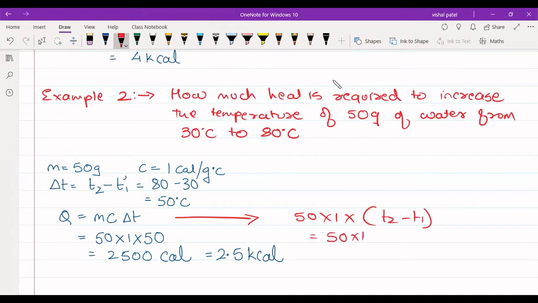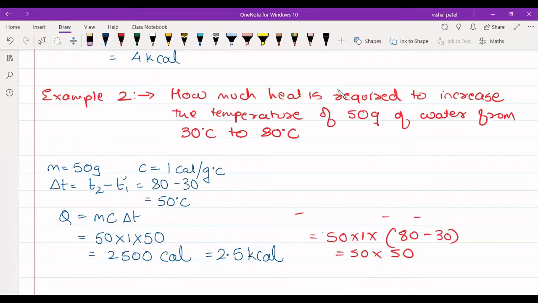Okay, so 50 into 1 into T2 minus T1 means it is always the bigger temperature minus the smaller temperature. So that is 50 into 1, no need to write down, into 50. That is, I got 2500 calorie.